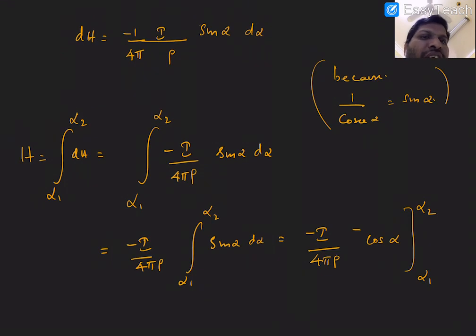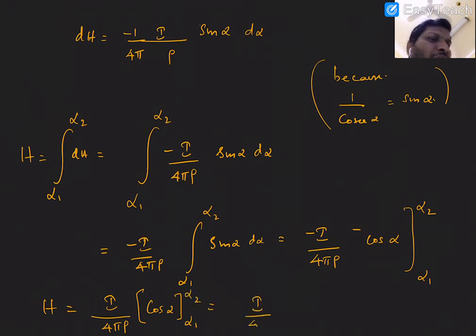The minus minus will cancel, so we get H is equal to I over 4 pi rho times cosine of alpha, with the limit from alpha 1 to alpha 2. This is equal to I over 4 pi rho times cosine of alpha 2 minus cosine of alpha 1.